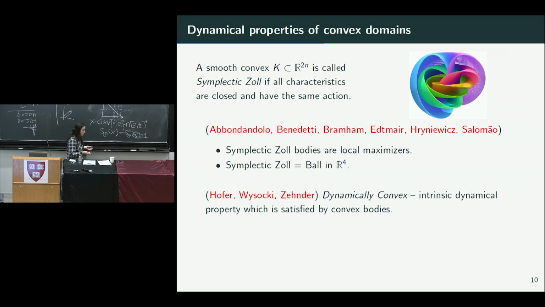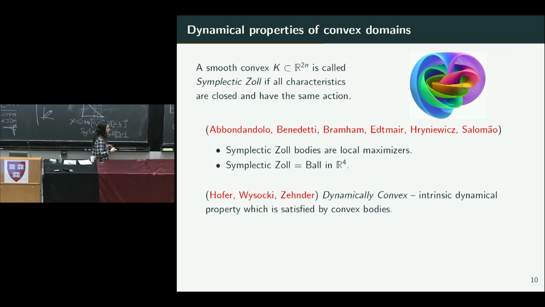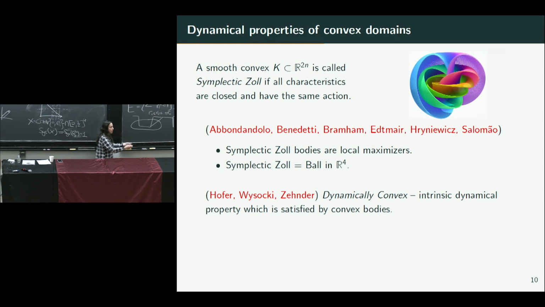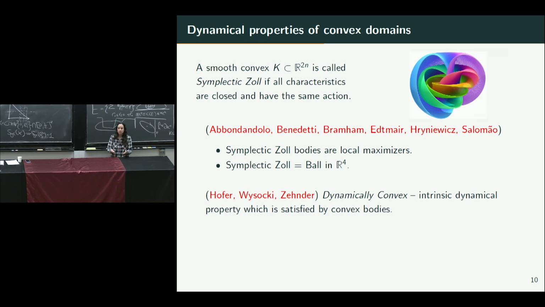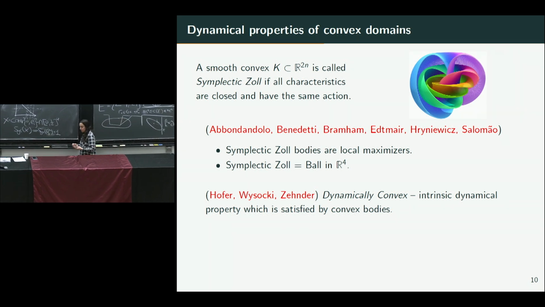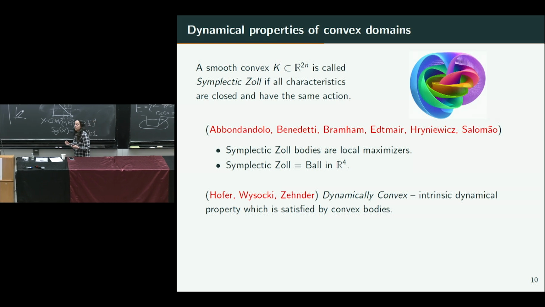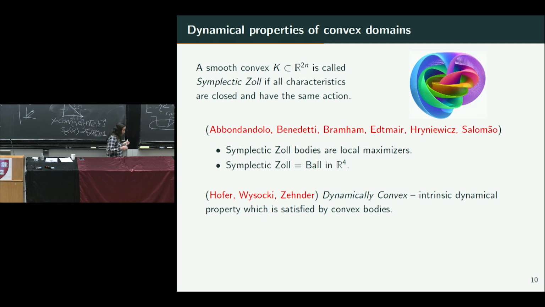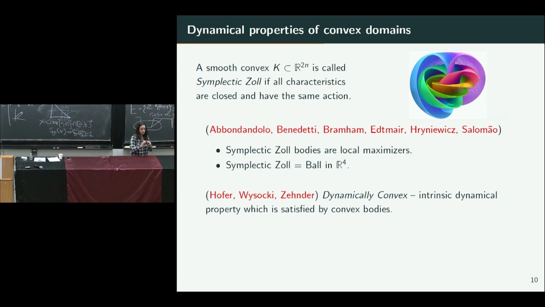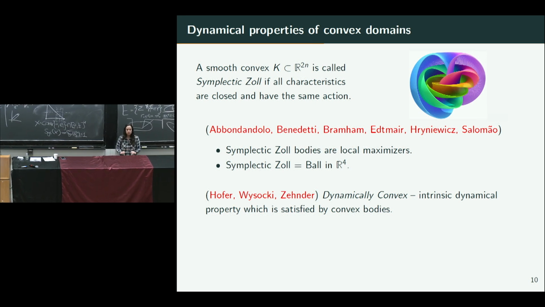So trying to understand what are the symplectic properties that convex domains satisfy that cause them to behave in a special way. What symplectic property do we need to use in order to show the conjecture? An attempt for that is something called dynamically convex, which comes only from the dynamics on the boundary of domains. So it's a definition depending only on the dynamics.